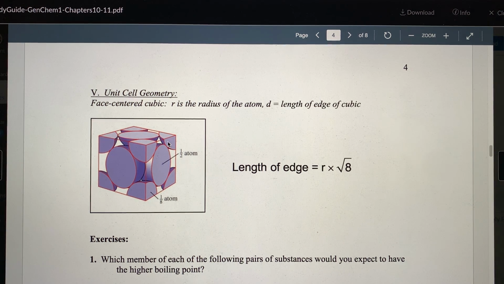Or if you know the radius of the atoms, you can figure out the length of the edge. So the purpose is to figure out either D or R, if we know one.